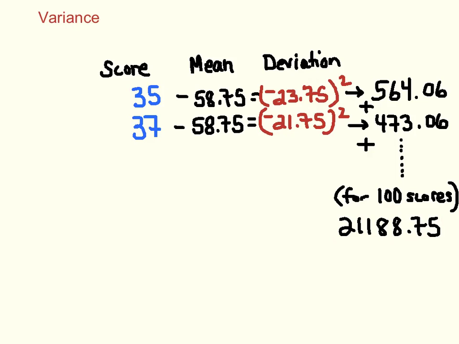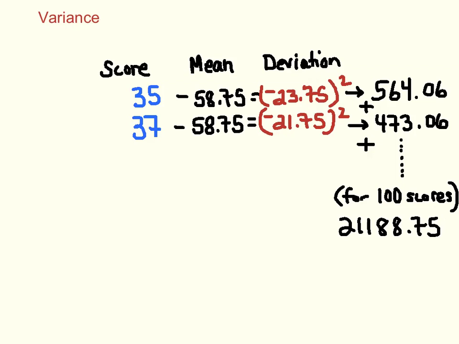And now to get the variance, we divide this sum by the total number of scores to get the average deviation from the mean. But actually, it's not by the total number of scores, which is n, it's actually by n minus 1, and that is for reasons that you don't need to know right now, but for statistical reasons it's a better estimate of the variance to use n minus 1.